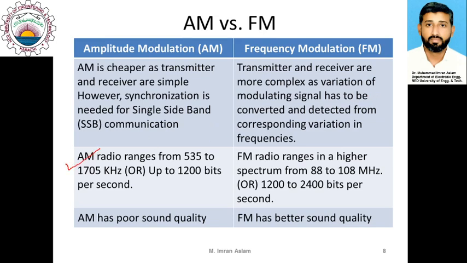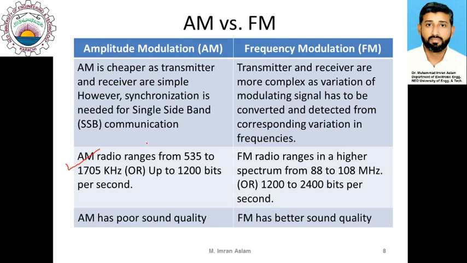We know that AM modulation is used for relatively lower frequencies, and we know from our path loss modeling and analysis that the path loss during propagation is also dependent on the frequency.